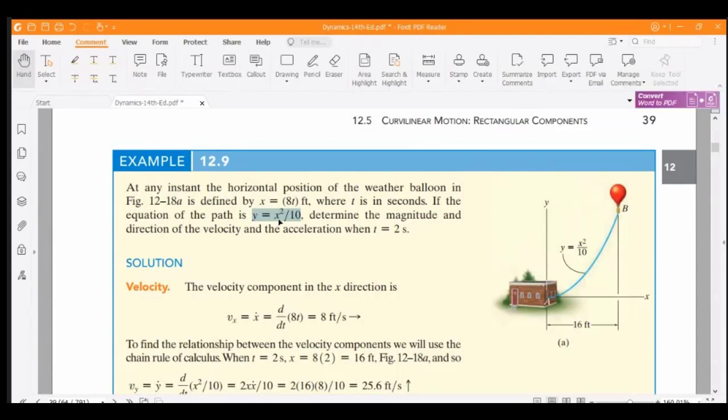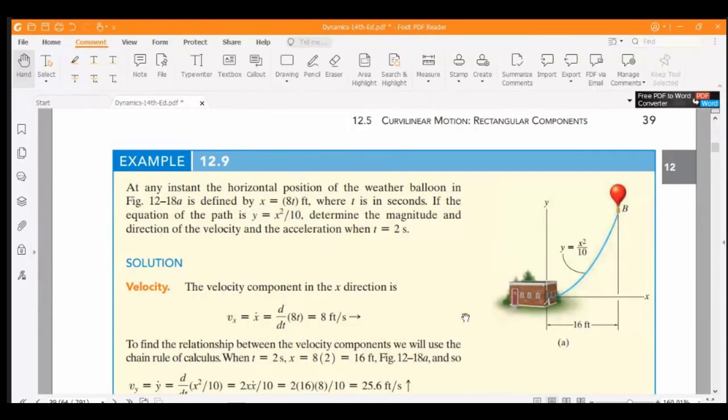And for t equals 2? 25.6. So you will get the path like this. For t equals 1, 8 feet and upward 6.4, and for 16 feet at second 2, y will be 25.6. So you get a curve in the x and y dimensions.